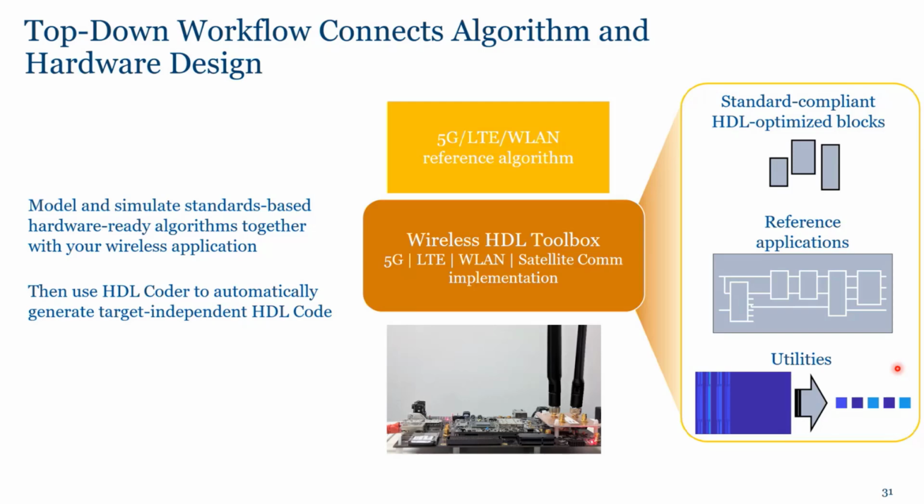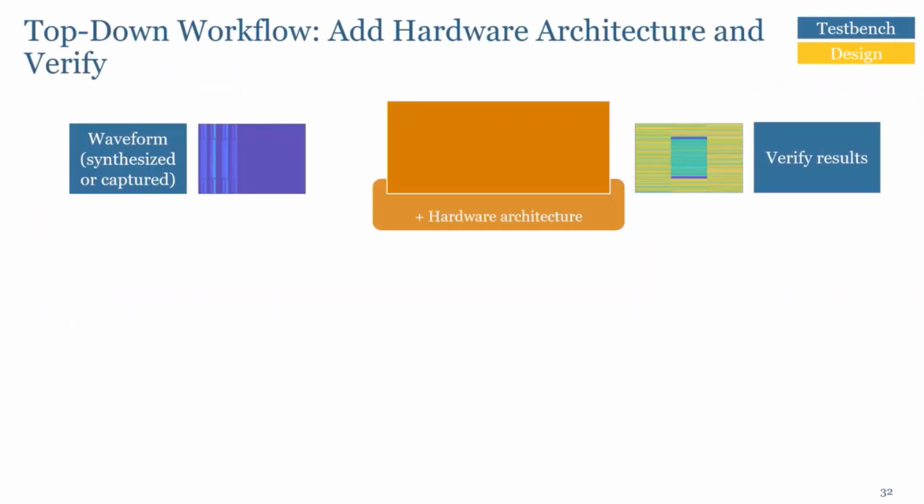If we dive a little bit into the details of Wireless HDL, let's say you have a reference algorithm. Here we are not talking about a specific application. You can choose your application or choose directly from the applications that we have. We can use the utilities to generate or capture waveforms, and finally use the utilities to verify the results.